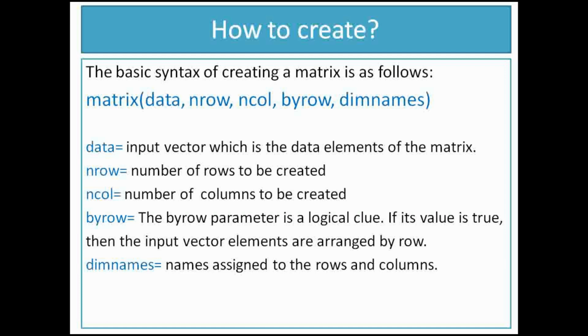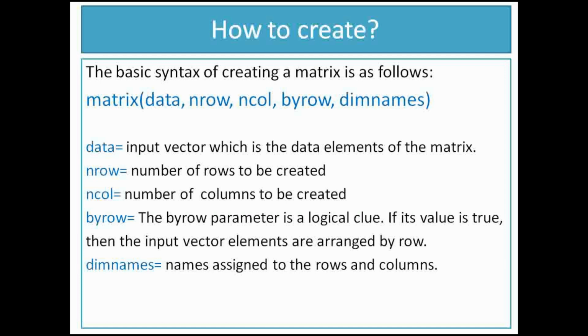And byrow takes a true or false value. If the byrow value is true, then the input vector elements are arranged by row. And the last parameter, dimnames, assigns the names of the rows and columns. So this is the syntax for creation of a matrix using the matrix function.